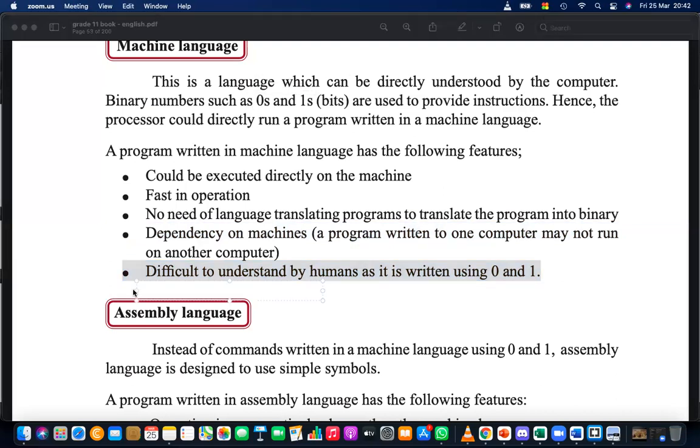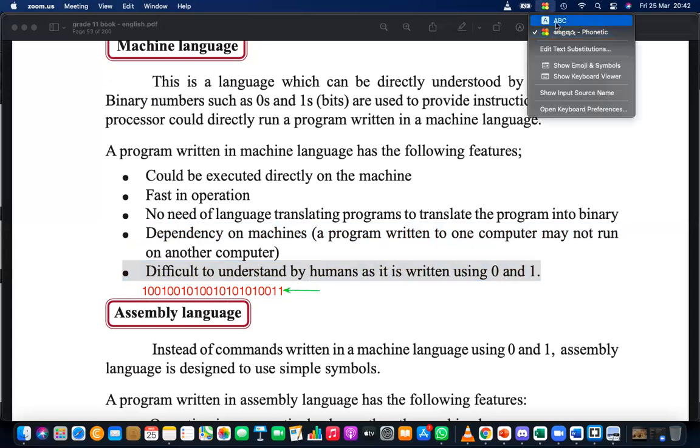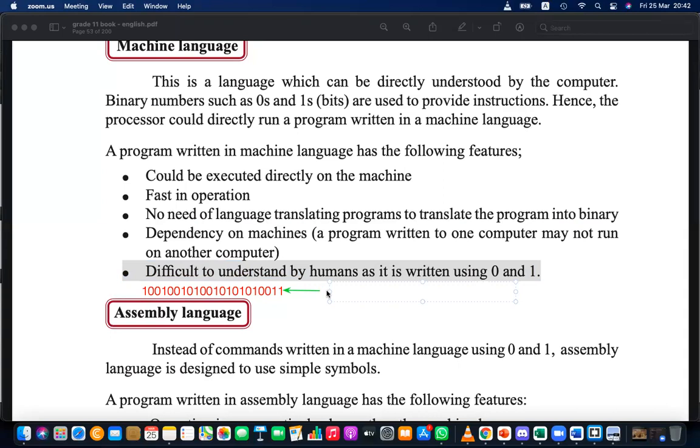The reason is, let's say this is a binary and somebody says this message tells the computer to turn off.